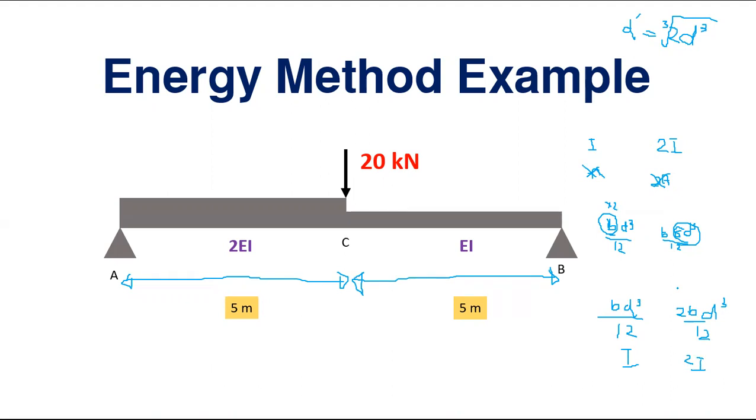For this case, your area will be twice as well, but it does not mean specifically that it should be 2 times area, because if you plot this like a beam, it would look like this. Your B is like this. So your depth is the same. What happens is B becomes twice.